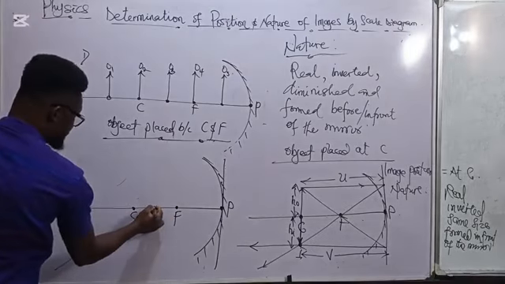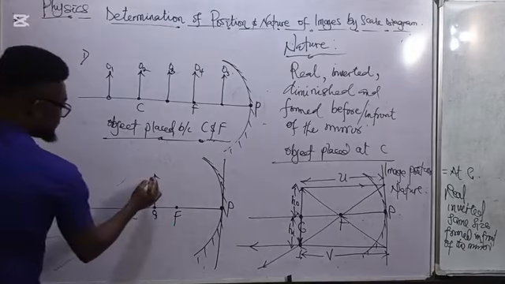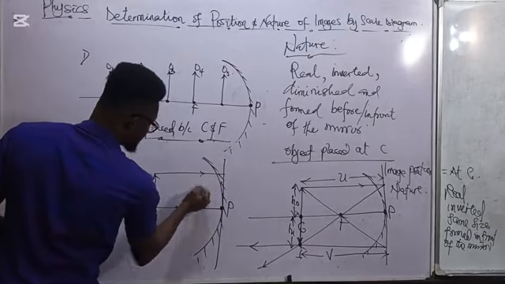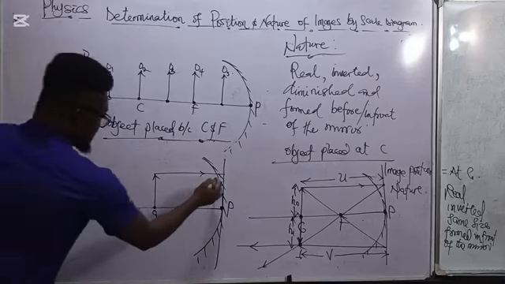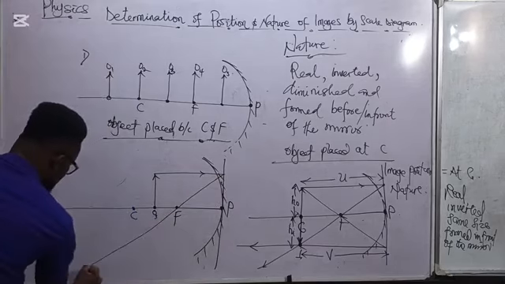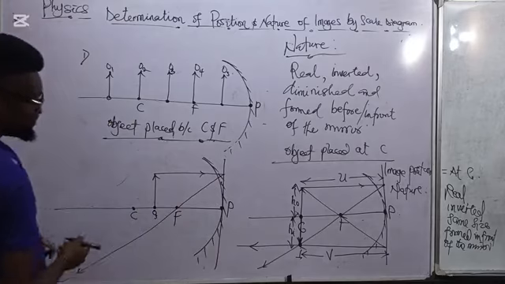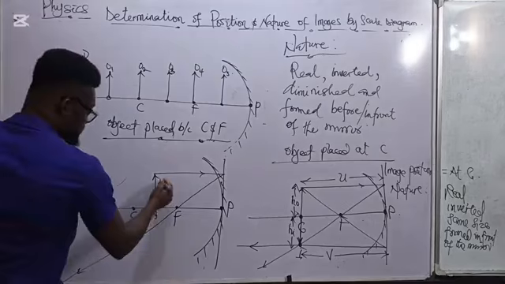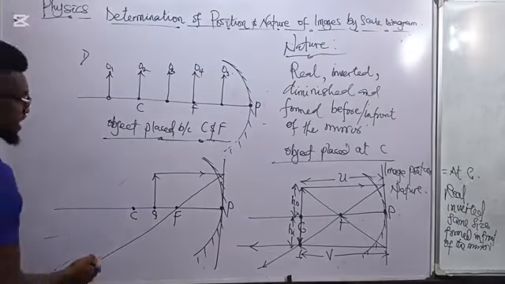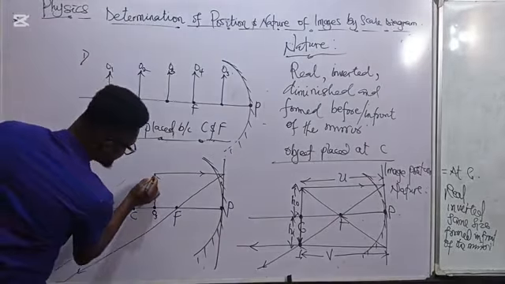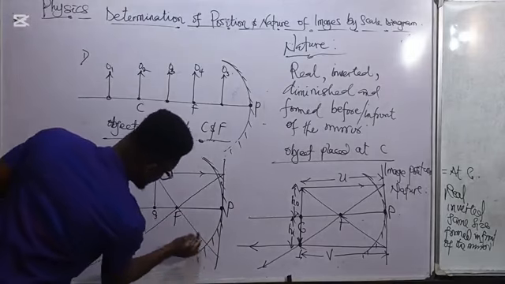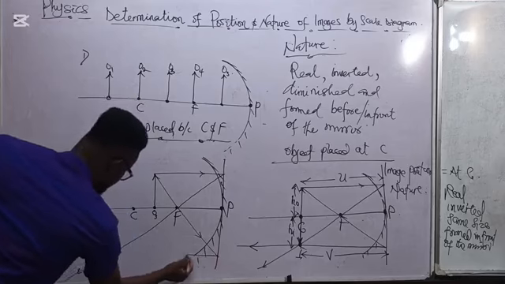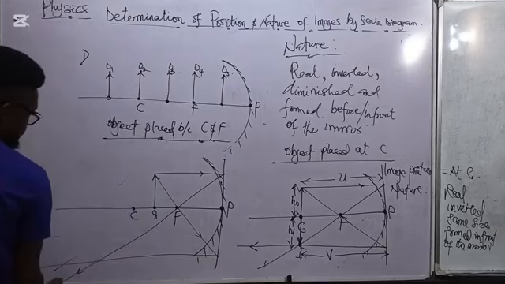Now, the moment it hits the interface here, it must reflect through the principal focus. Any ray that is parallel to the principal axis must reflect through the principal focus, right? Then the one that passes here will reflect parallel to the principal axis.